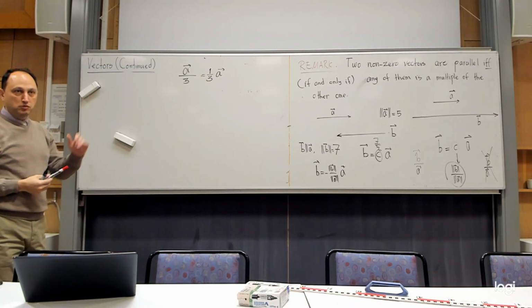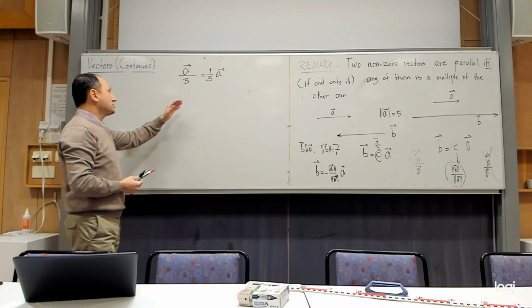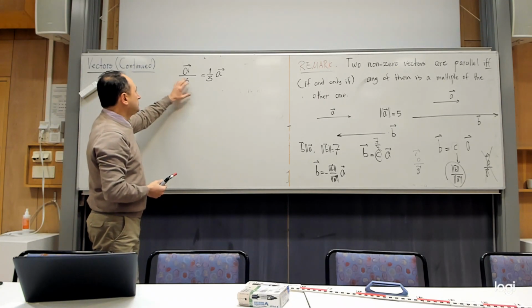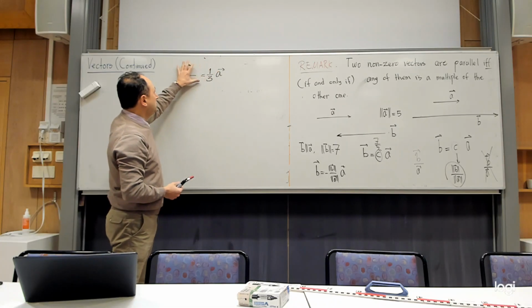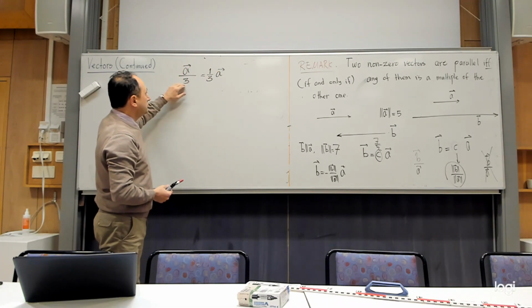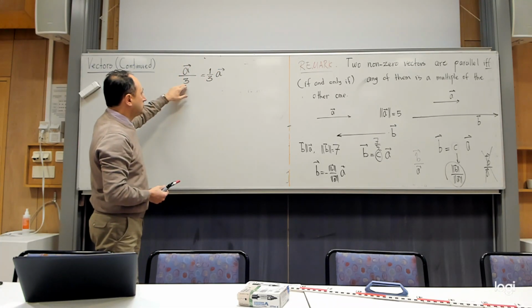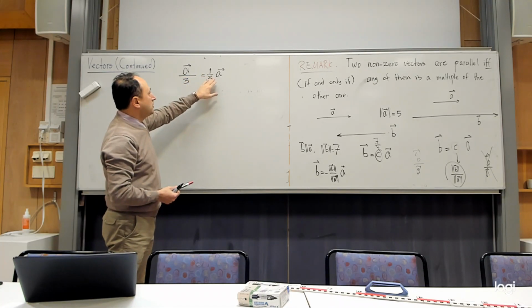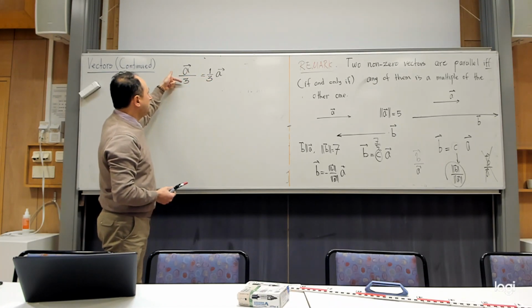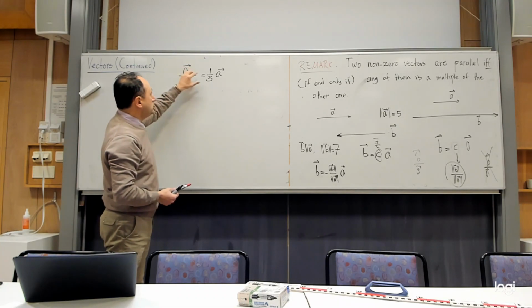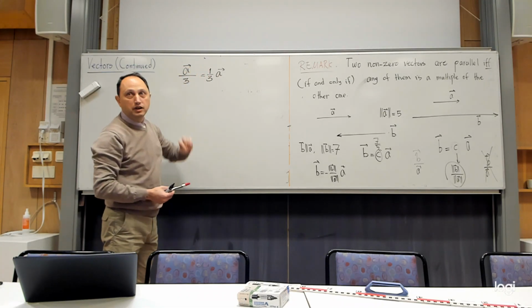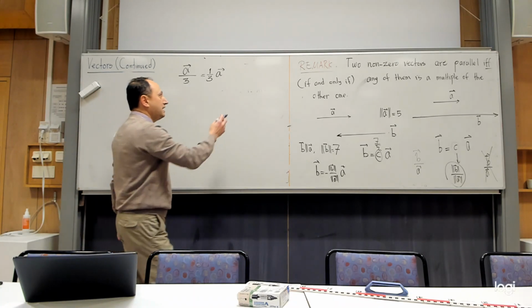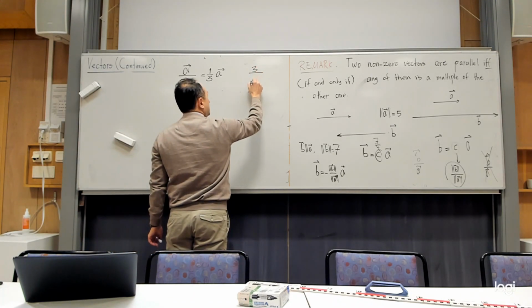We only define multiplication. Of course some people use this notation, but I will not use this. If I want to divide a vector by a number, instead of writing this with the division symbol, I would write this number multiplied by my vector. And we never have this one. You will never see this one.